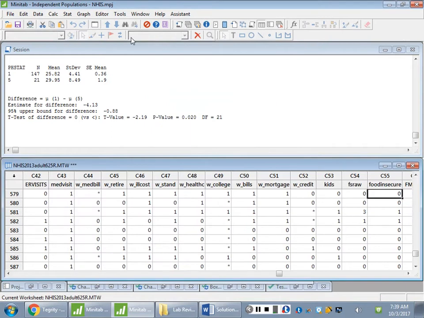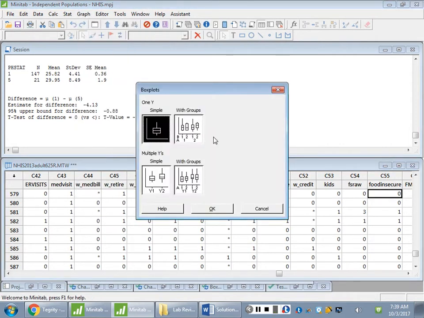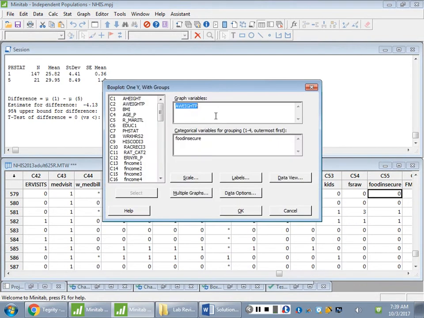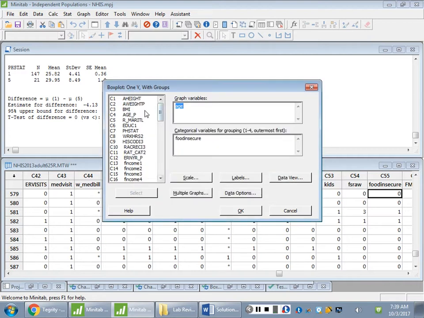Okay. So I want to graph a box plot with groups of age with, oh, I'm sorry, it's called HP, based on below poverty.